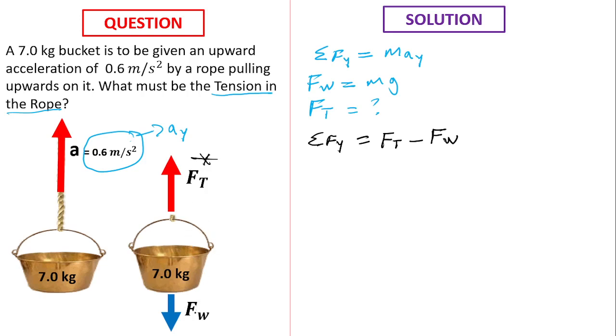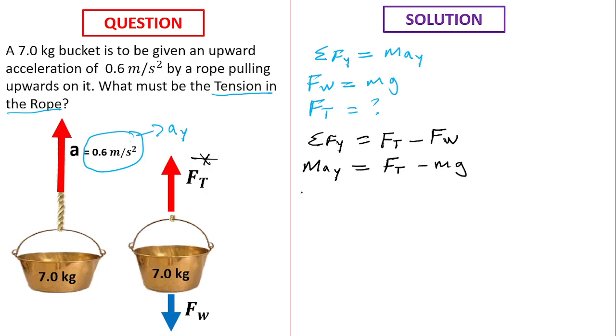The difference between the weight and the tension force is what produced that acceleration. So with that in mind, we can replace everything. Here you're going to say m times acceleration in the y-axis should be equal to the tension force minus the weight, which is just mg.